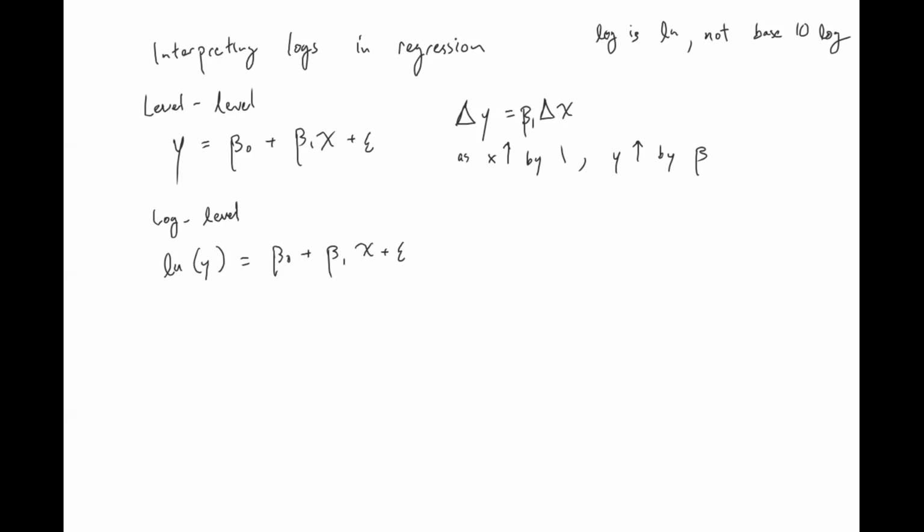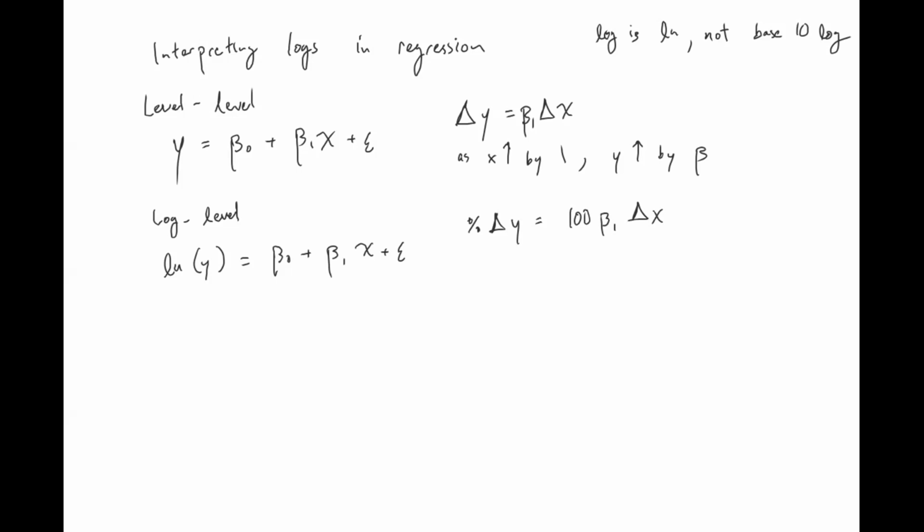Okay, and the interpretation of this may look a little bit complicated, but actually there's a shortcut that is a very common thing to use here. So the way we interpret this, analogous to the way we think about a level, is a percent change in y is equal to 100 beta 1 times delta x.